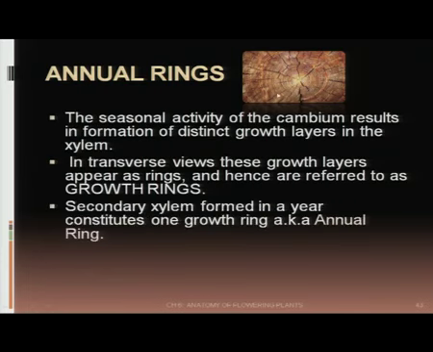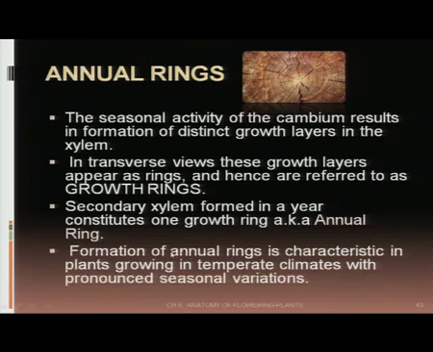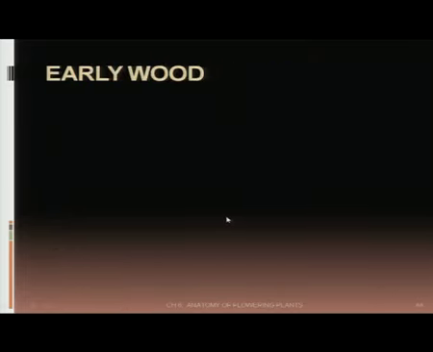Since one layer is formed every year, these rings are also known as annual rings. Formation of annual rings is characteristic in plants growing in temperate climates with pronounced seasonal variations. They are not so much seen in plants growing in tropical regions.